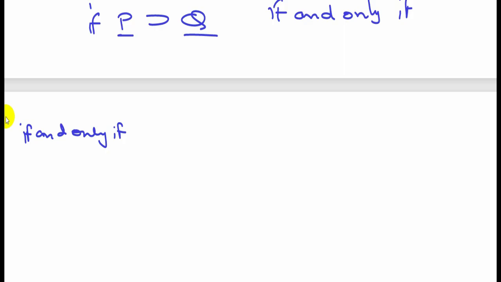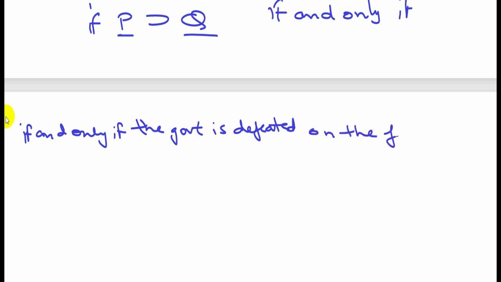The government is defeated on the floor of assembly, it will be sent out of office.